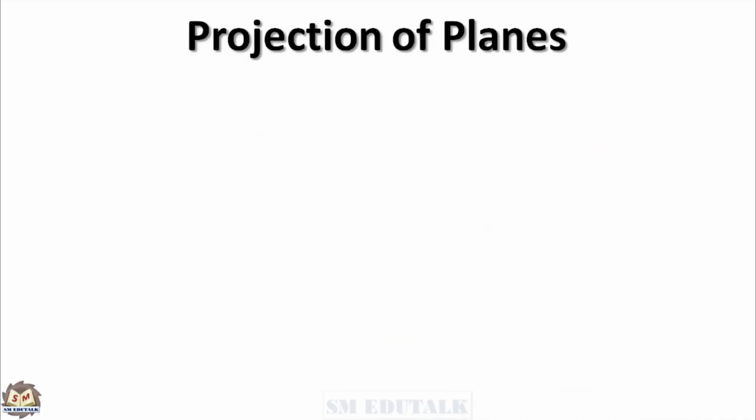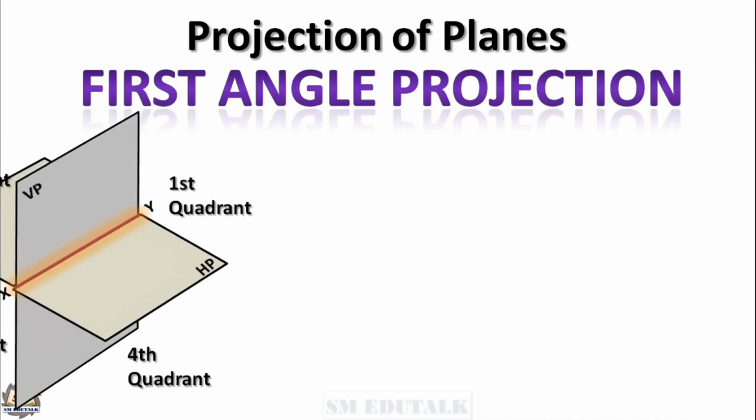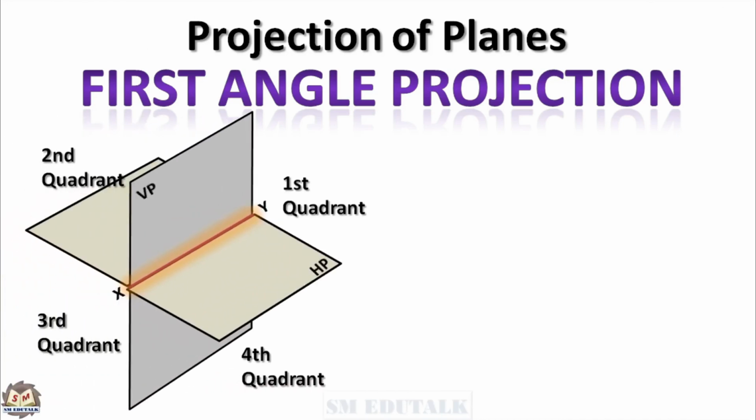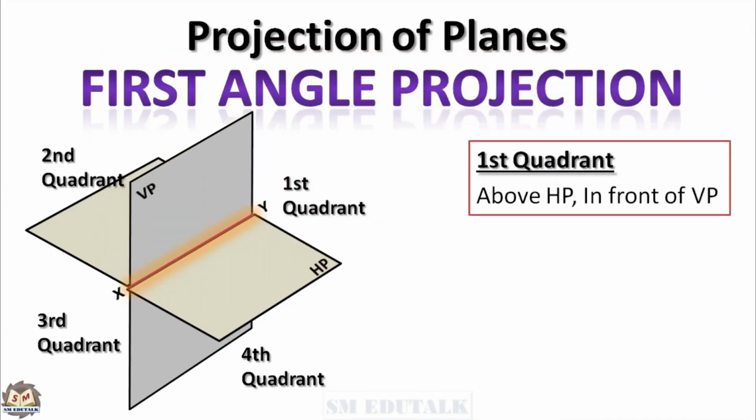As per syllabus, projection of planes is completely based on first angle projection like projection of points and projection of lines. That is, the given plane object should be kept in first quadrant to see its various projections or views. Hope you remember the first quadrant conditions, that is above HP and in front of VP.